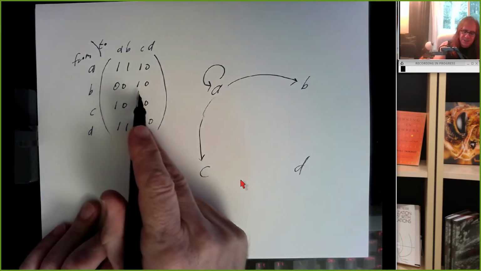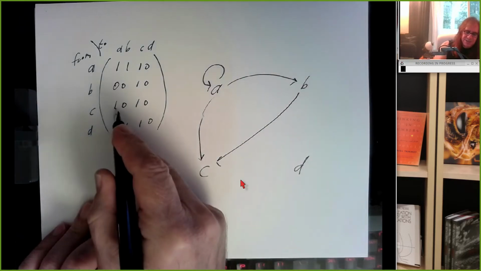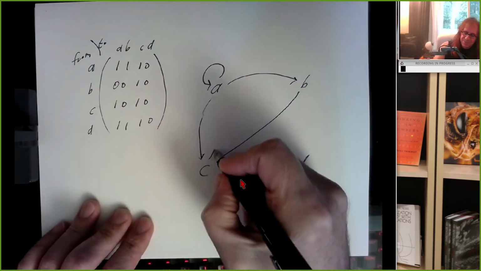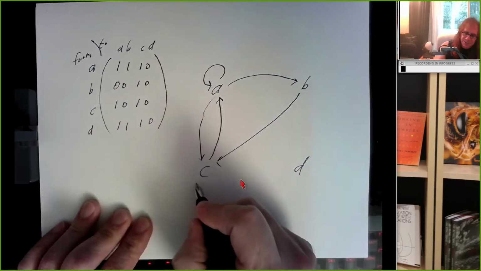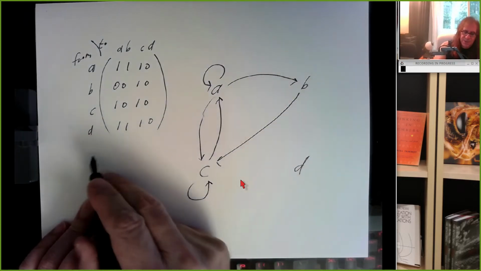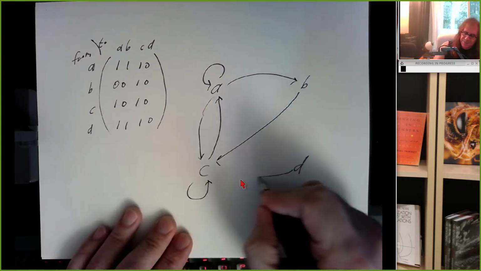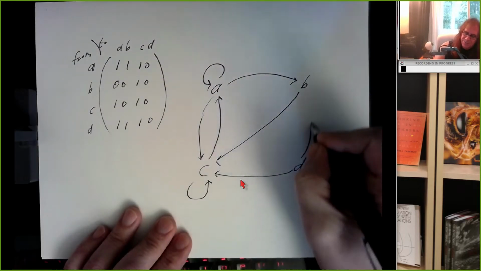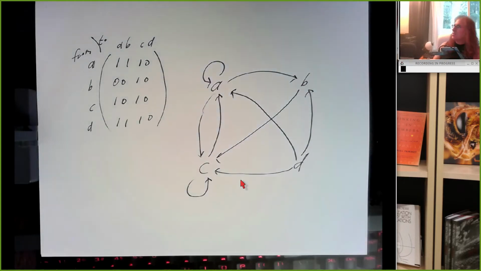B only has an edge going to C, so that looks like that. C has an edge to A, so we come back that way, and C also has a loop, it goes to itself. And then D goes to A, B, and C, but not to itself. So it goes to C, it goes to B, and it goes to A. So that would be an example of the graph.